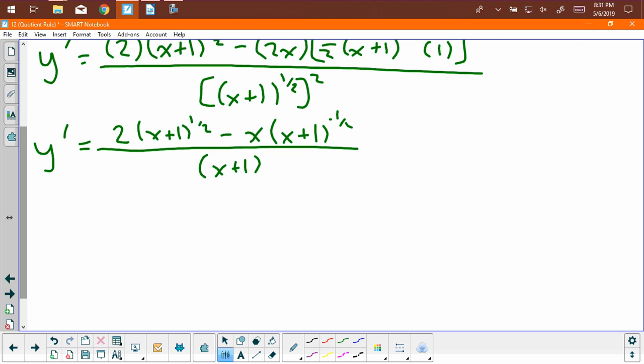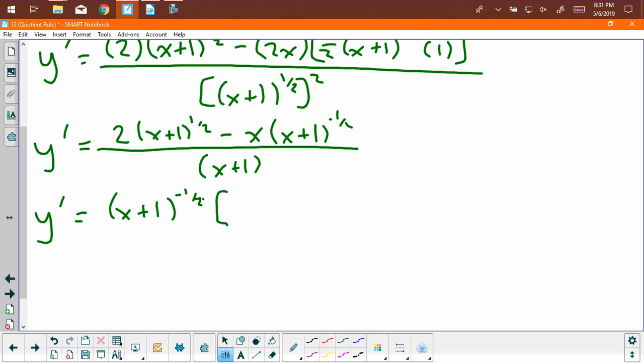Now, like yesterday, I've got 2 x plus 1 terms in the numerator. So that means I'm going to want to factor that out. My lowest power is negative 1/2, so I have x plus 1 to the negative 1/2 times, what do I have left?